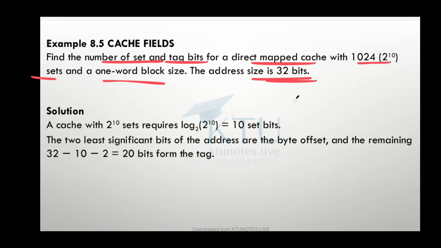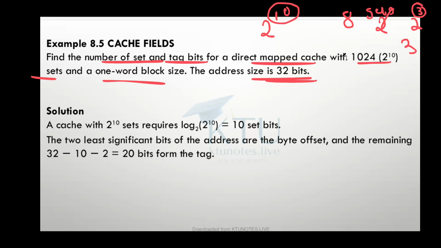So that means this direct mapped cache has 1024 sets. It's given as 2 raised to 10. 1024 sets means 2 raised to 10 sets. That means how many bits would be there? I told you, if you were having 8 sets, that means 2 raised to 3 sets are there, so the bits of set was 3.